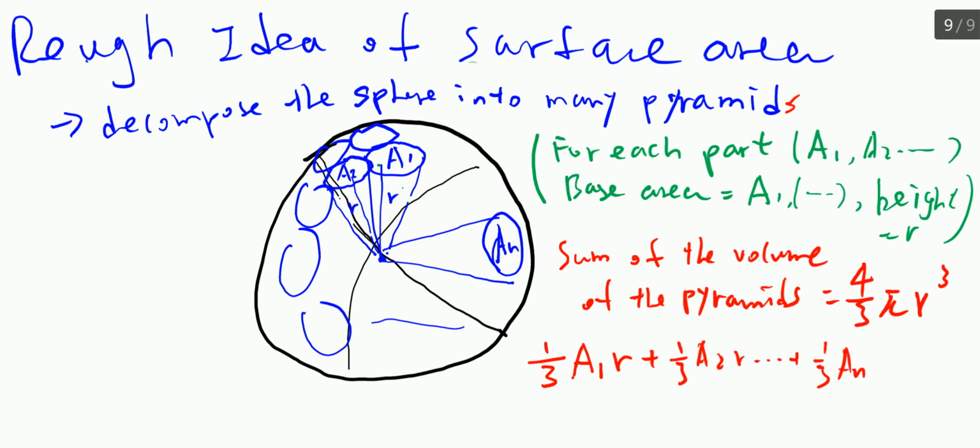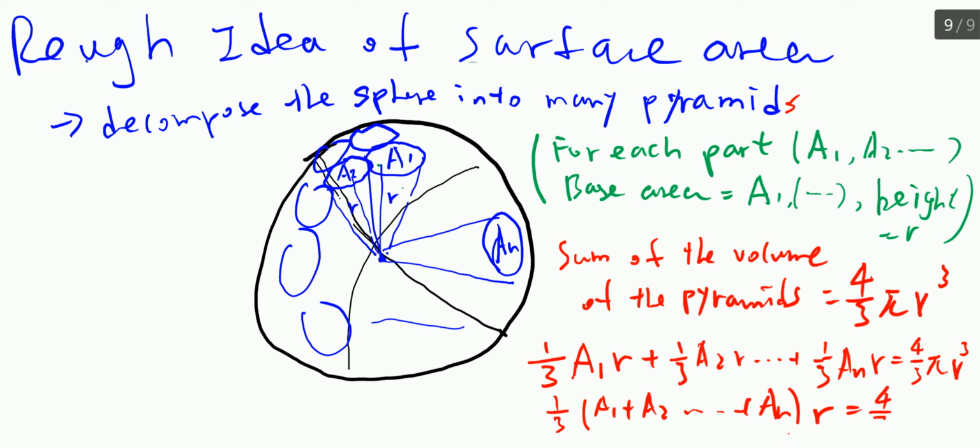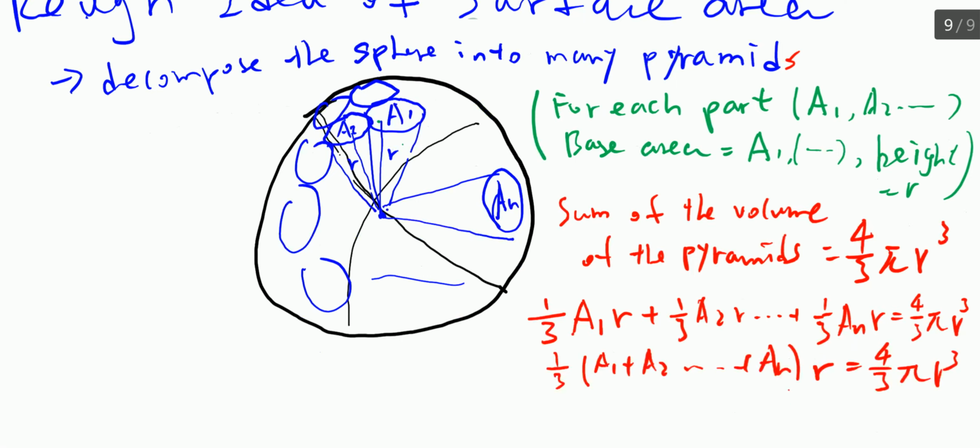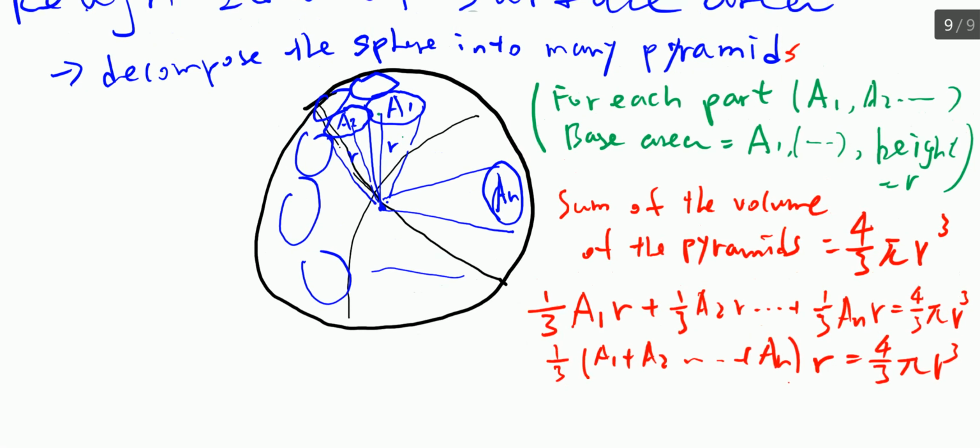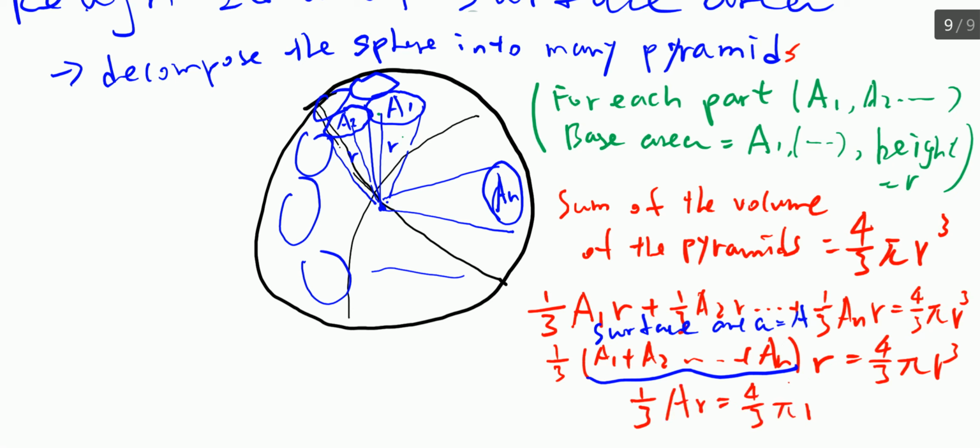Okay, for n parts, I just write down the total formula should be this, and then I just take out all the common things. So finally I can combine this, that is the surface area, and I just call it A, so that 1/3 A times R should be 4 over 3 pi R cubed.